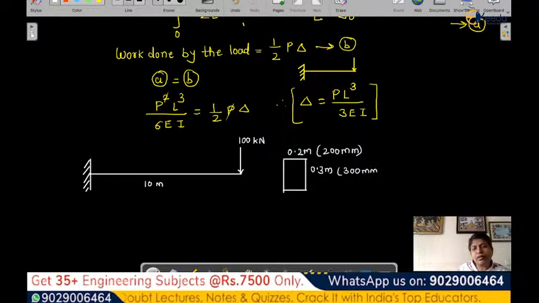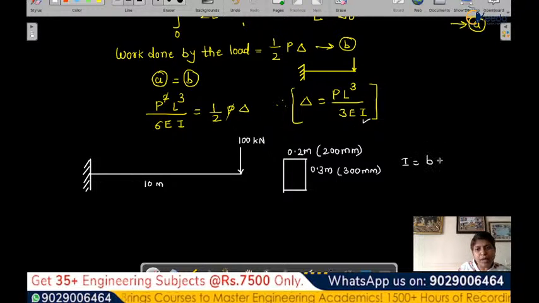So any unit can be given, and you have to follow the common unit. You have to find out the I value, and E is also given most of the time. For this rectangle, the I value formula is BD cubed by 12.